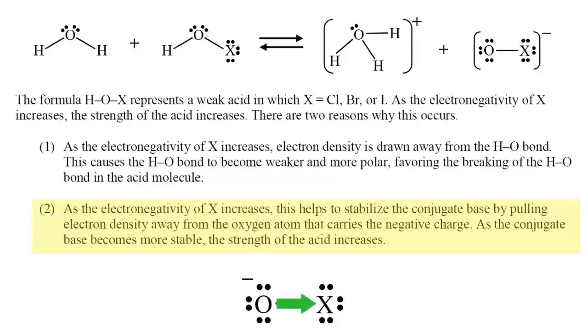So I'm highlighting this explanation on this slide. This is from an earlier video. As the electronegativity of atom X increases, this helps to stabilize the conjugate base. So atom X was either chlorine, bromine, or iodine. And because chlorine was the most electronegative, it helped to pull electron density away from the oxygen atom that carries the negative charge, and it helped to stabilize the conjugate base.